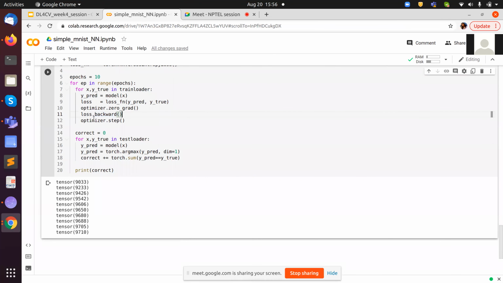Now, once you keep on updating over the entire data set, we can look at its performance. So let's make it a bit more explainable. Let's print epoch and accuracy.